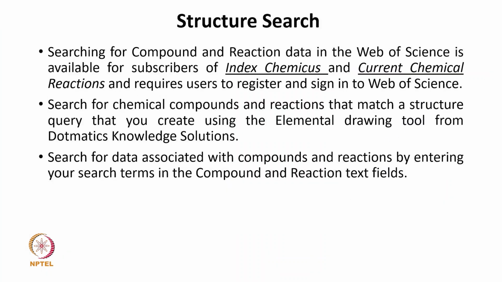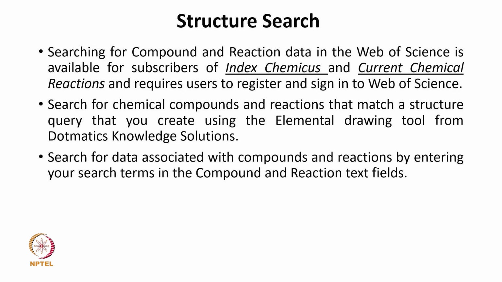Okay. In Web of Science, the last search is structure search. If you have a subscription to Index Chemicus and Current Chemical Reactions, then that will be useful for searching compounds and reaction data. And one needs to sign in through the credentials, and you can search for chemical compounds and reactions that match a structure query that you create using the drawing tool from Dotmatics Knowledge Solutions.